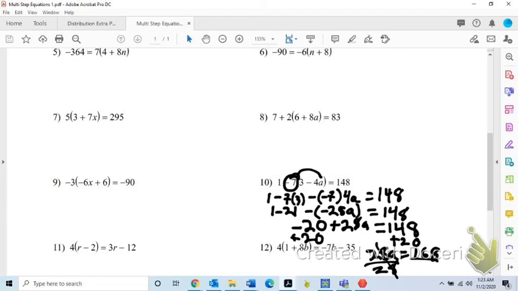Divide both sides by 28. And you get a hidden number. It's a equals 6. I'll move that. Give me a second.